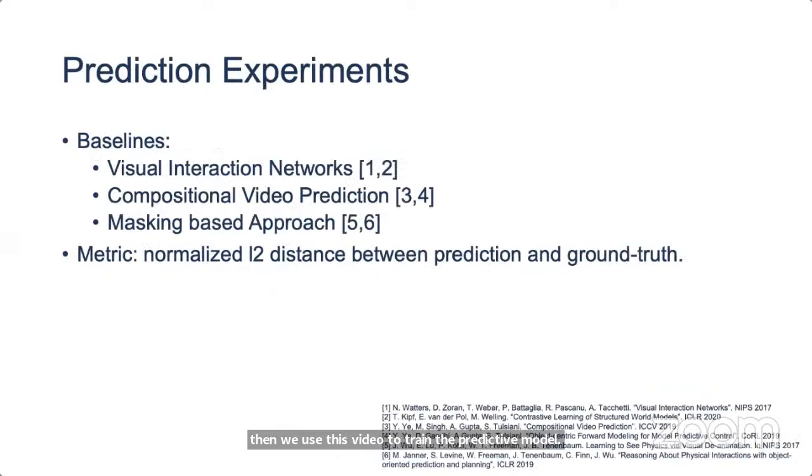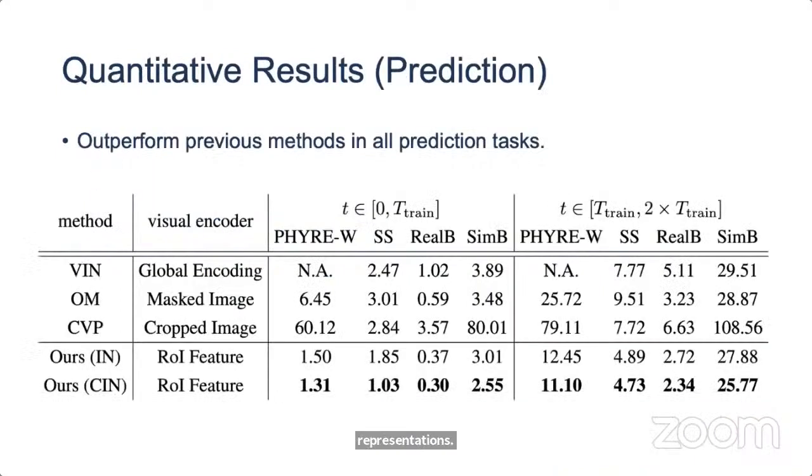We compare with several baselines, which are all related to the interaction network but use different visual representations. Here are the L2 distances and prediction errors from different models. We find that our method is much better than the previous approaches on different datasets, including the FIRE dataset, the ShapeStacks dataset, and the real billiard and simulation billiard datasets.